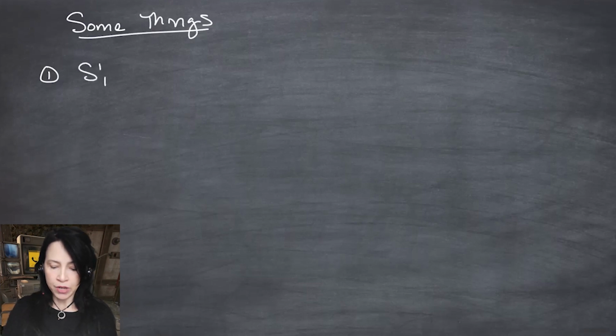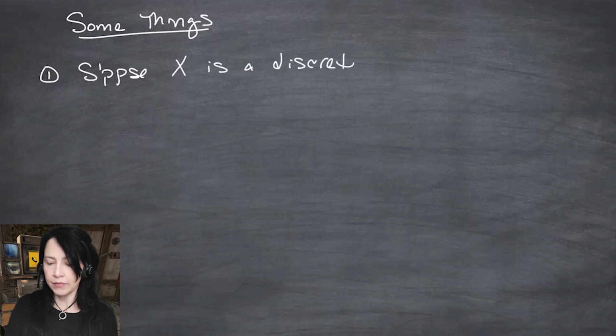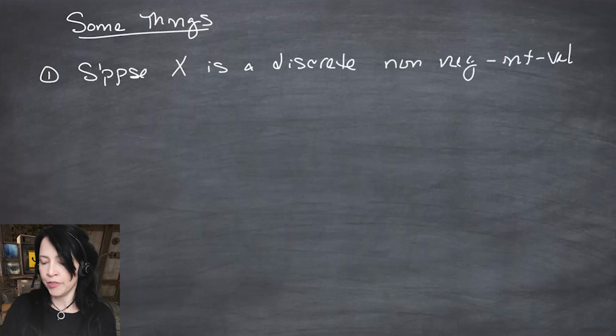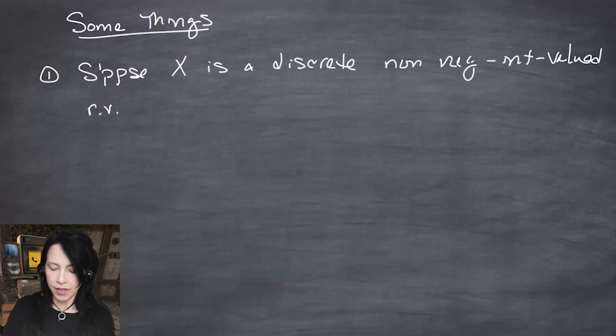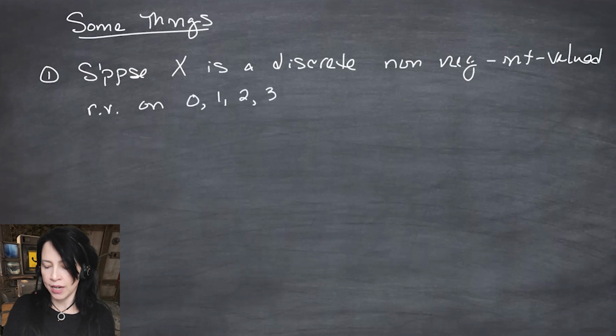So suppose that X is a discrete non-negative integer valued random variable, taking values 0, 1, 2, 3 on up.